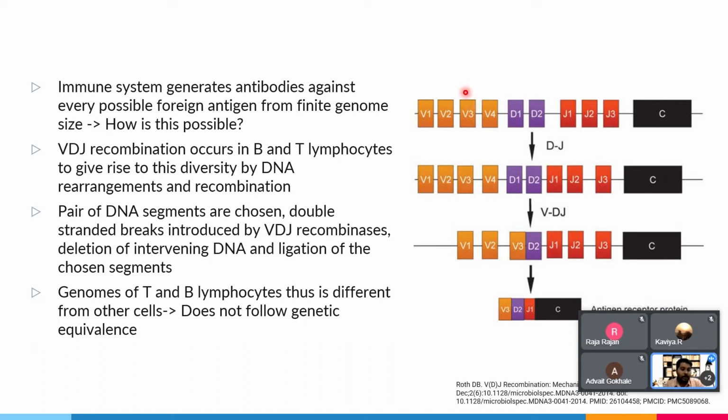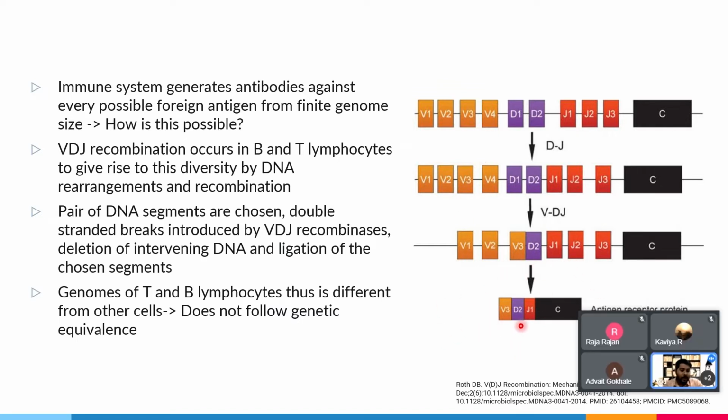So essentially there is an option: you have V1 to V4, four V regions, D1, D2, and J1 to J3, three J regions, and these can recombine in any manner that is possible and then form a final antibody.